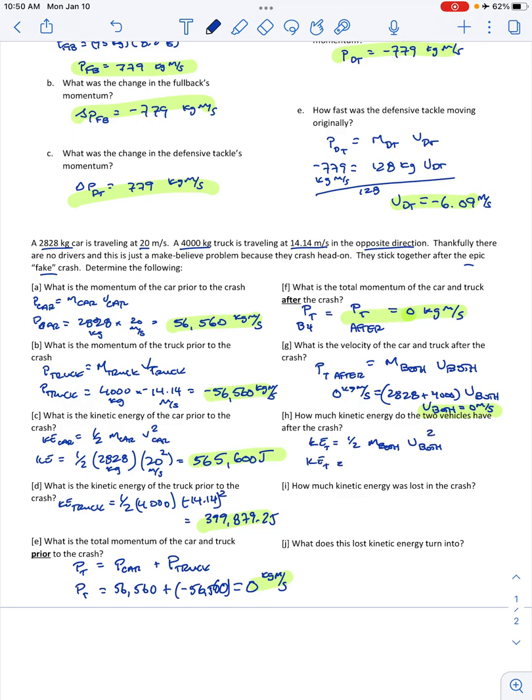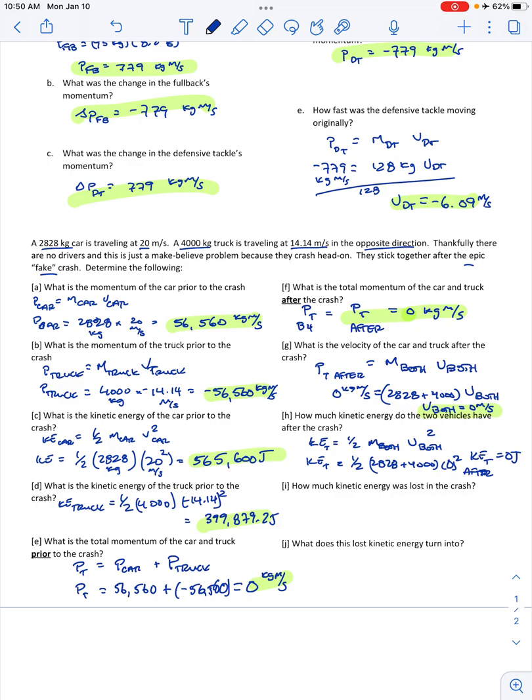So KE total is 1/2 times 28 plus 4,000, times 0 squared. So KE total after is 0 joules.